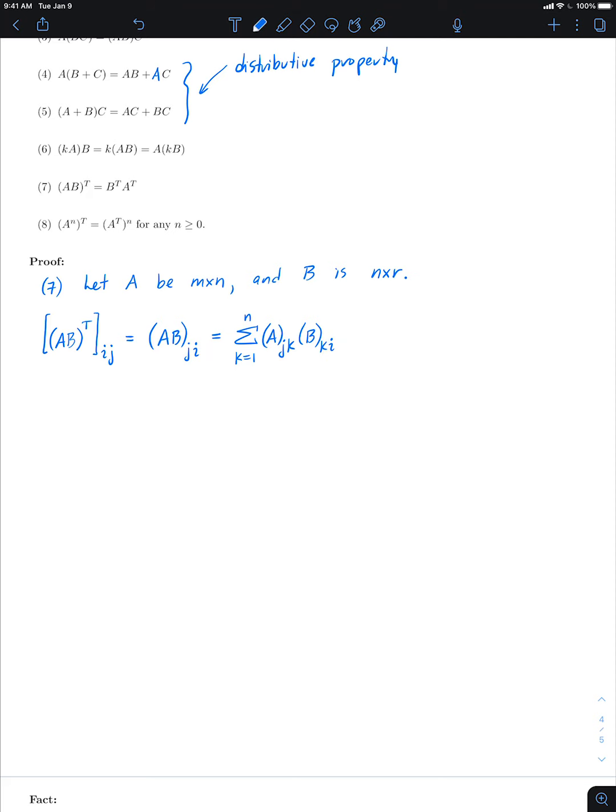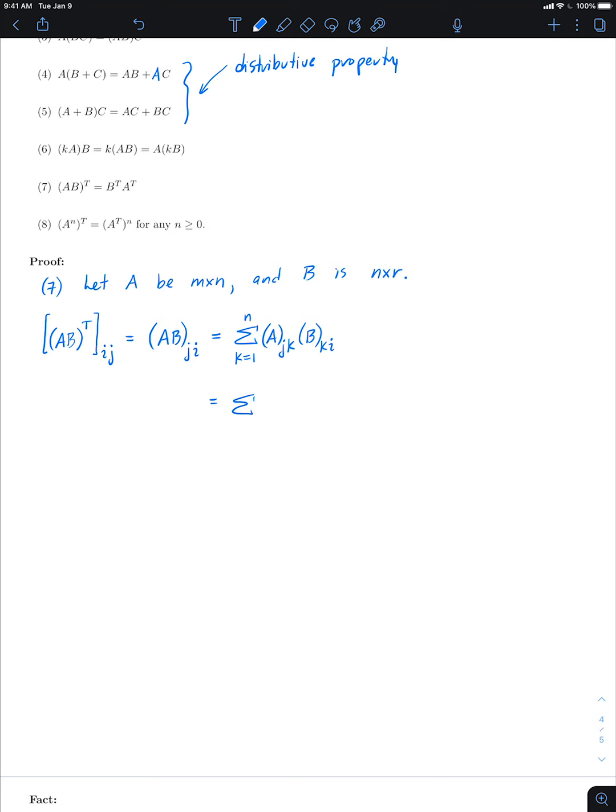Okay, so what are we supposed to end up with here? We're supposed to end up with B transpose times A transpose. But our transposes are gone. We could put them back, now that we've split these matrices up, so to speak. I'm going to work downwards because otherwise I'm going to run out of room.